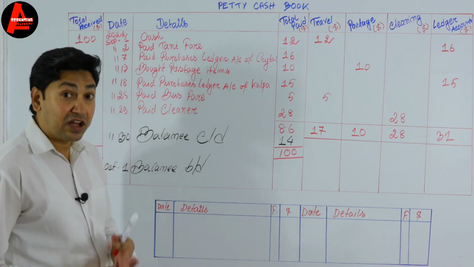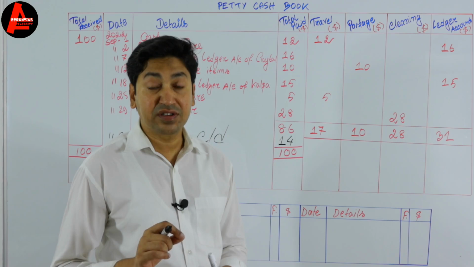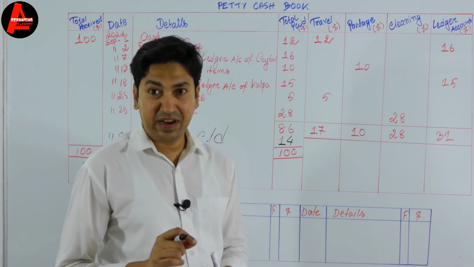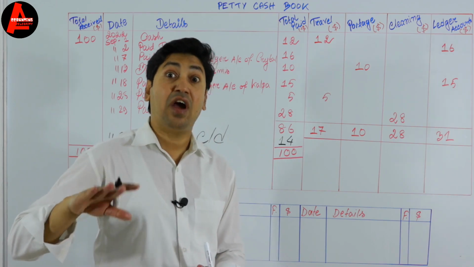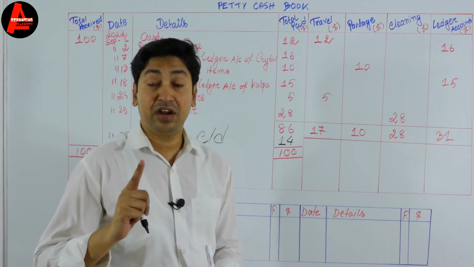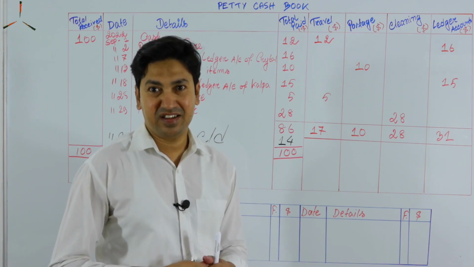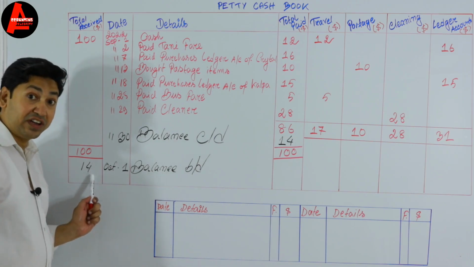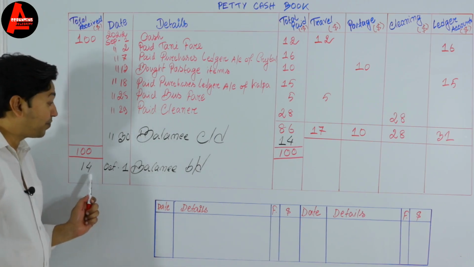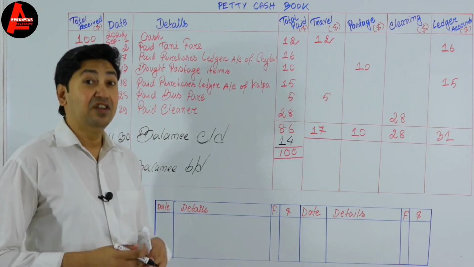Now in the question it is written that every month he restores the petty cash amount. What does it mean? It means that he has to have $100 at the beginning of every month. So now for October Rashid has $14. So how much does he need more?